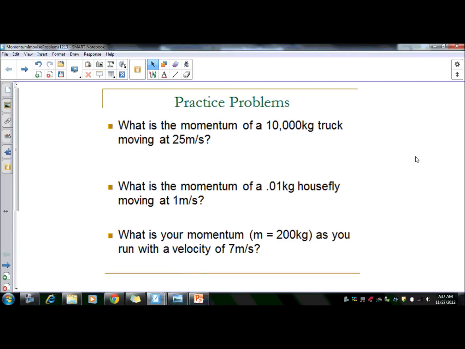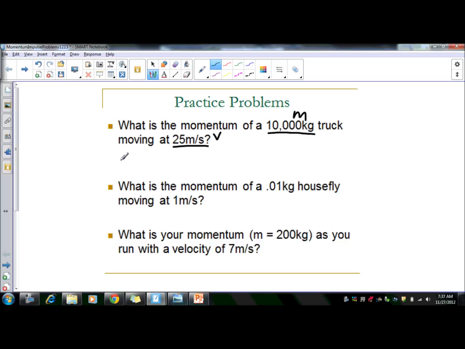So let's do some practice problems. First one says, what is the momentum of a 10,000 kilogram truck moving at 25 meters per second? So first, let's underline what we're given. So 10,000 kilograms. Kilograms measures mass, moving at 25 meters per second. Meters per second measures velocity.